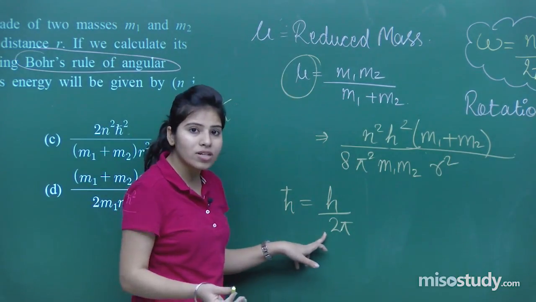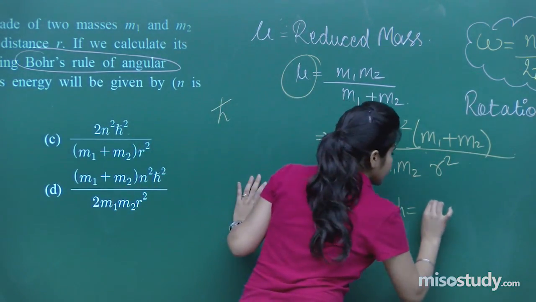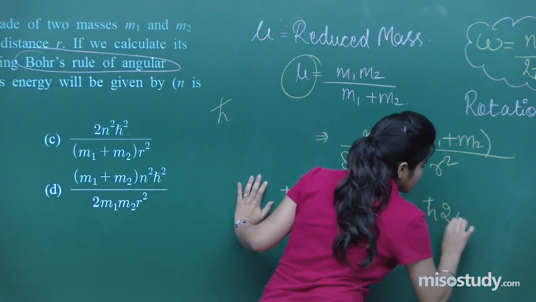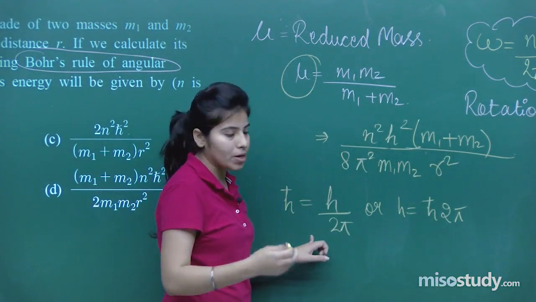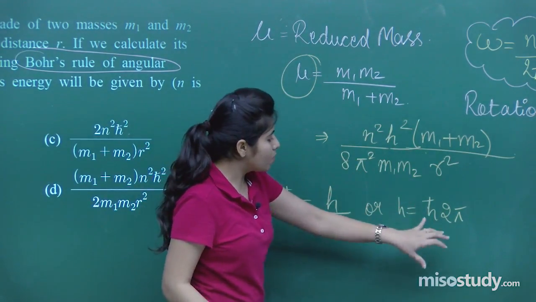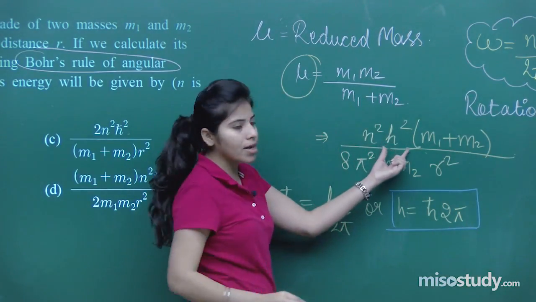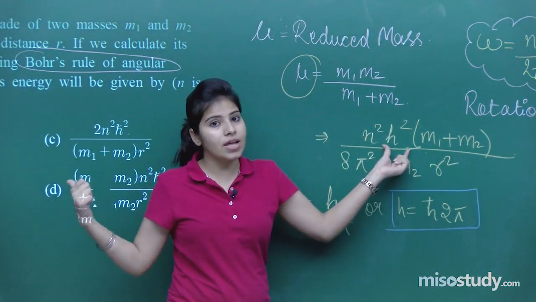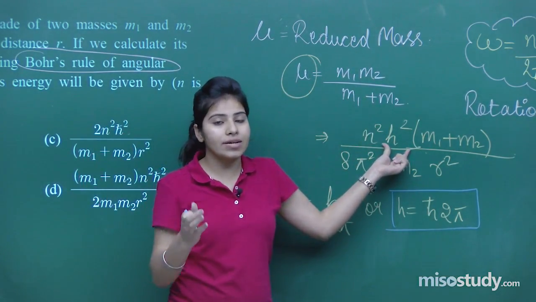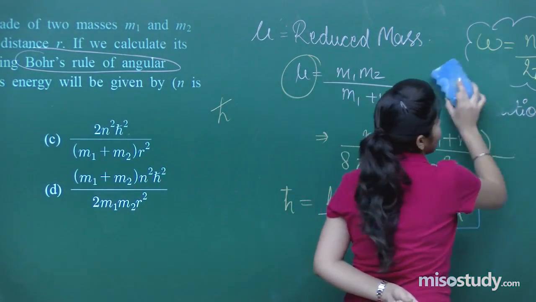So from here h will be 2 pi into h prime. So your h will be what you are going to put? We are going to put this value into this equation, and then we will be finding the correct answer that has been written over here. So let me just come to this side.